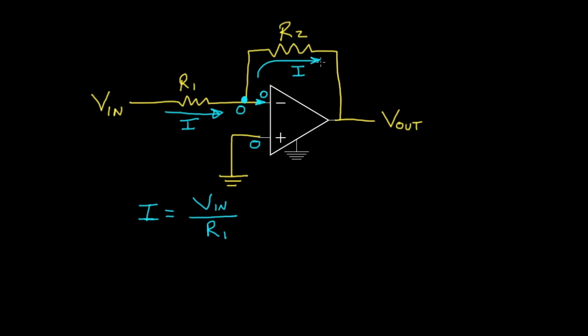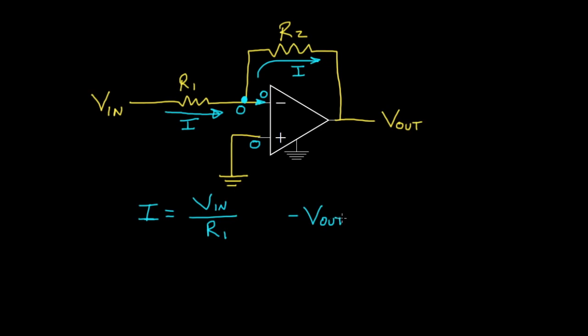Now we know this current, so we know that there will be a voltage drop from this side of the resistor to that side of the resistor, equal to this current times R2. So 0 minus Vout, so that's going to be negative Vout.